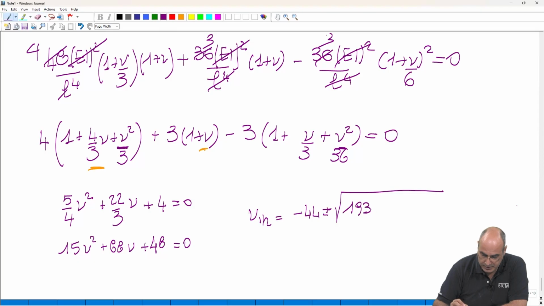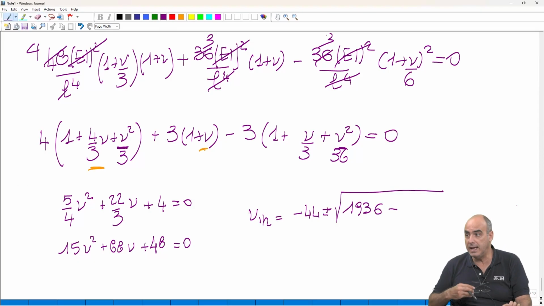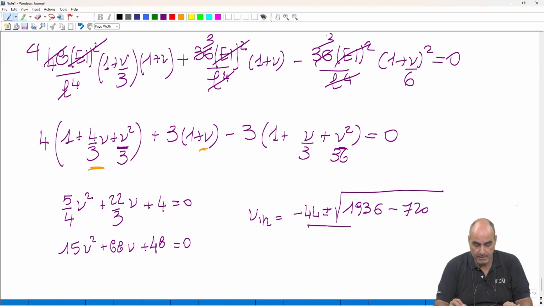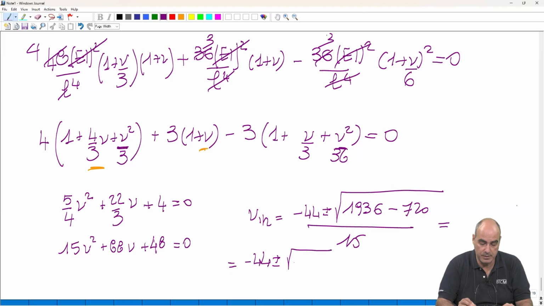It's 1936 minus 15 times 48, which is 720, divided by 15. Okay? Agree with me? This is minus 44 plus or minus the square root of 1216 divided by 15.